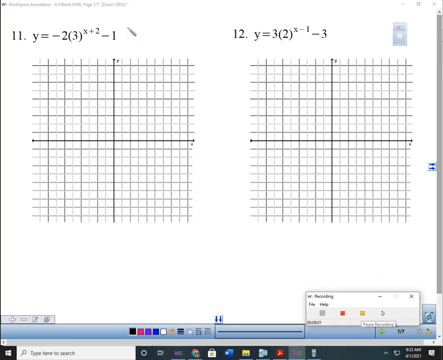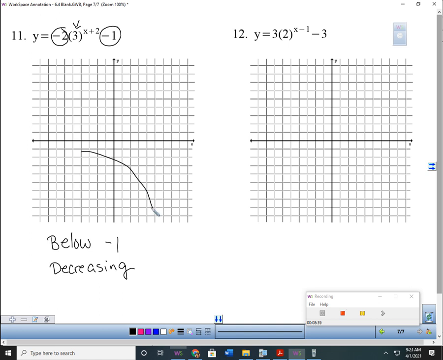So on number 11, we're going to be approaching negative 1. But I need to decide if that's going to be from the top or from the bottom. So I look up front and I have a negative number, which means I will be below the negative 1. All right. And since I'm going from below and I'm decreasing, I'll have something that kind of looks like this, right?